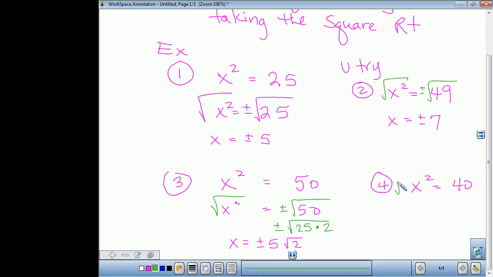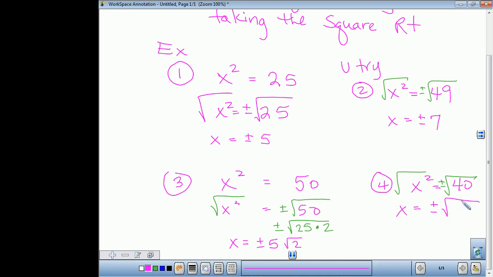Okay, so we take the square root and we get the plus or minus. Okay, how do we break up 40? What's the largest perfect square that divides into 40?